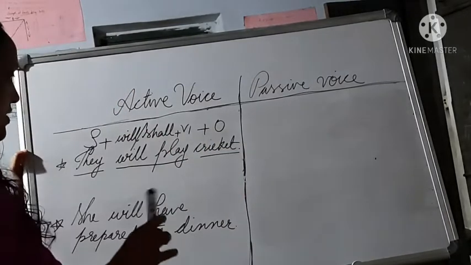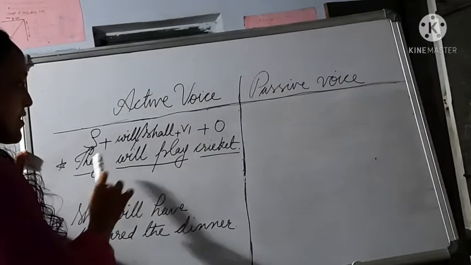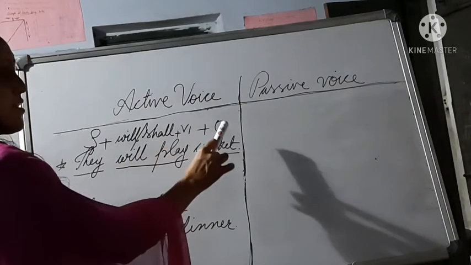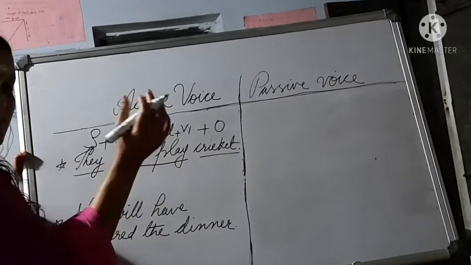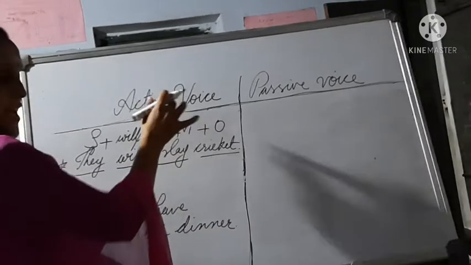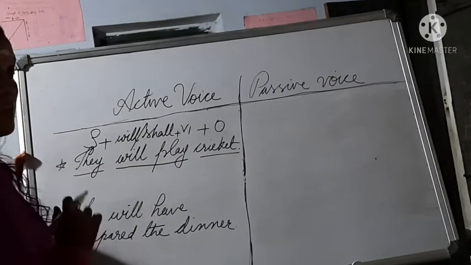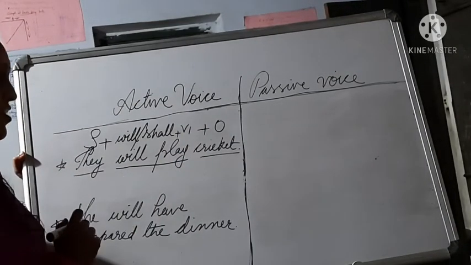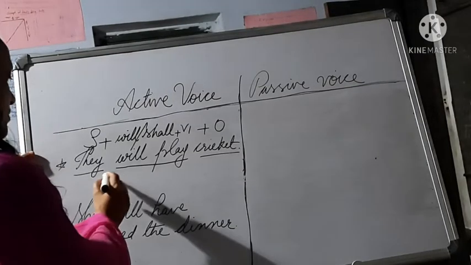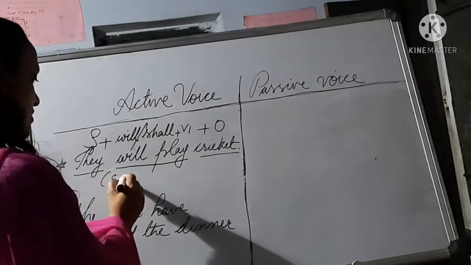Clear? So subject plus will or shall plus V1 plus object. That means in general subject plus verb plus object. That is active voice, and this is in simple future tense.